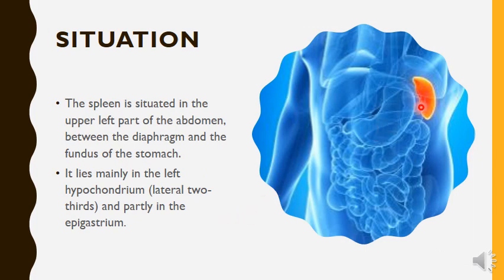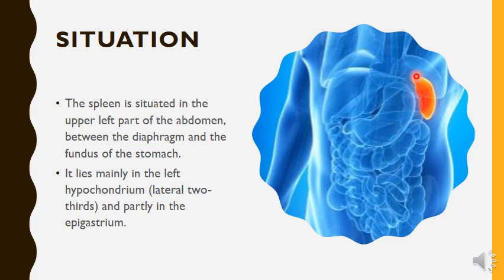Situation. Now here in this image we can see this is where the spleen is present. So the spleen is situated in the upper left part of the abdomen between the diaphragm and the fundus of the stomach. Here, this is the left dome of the diaphragm, and this is the stomach.